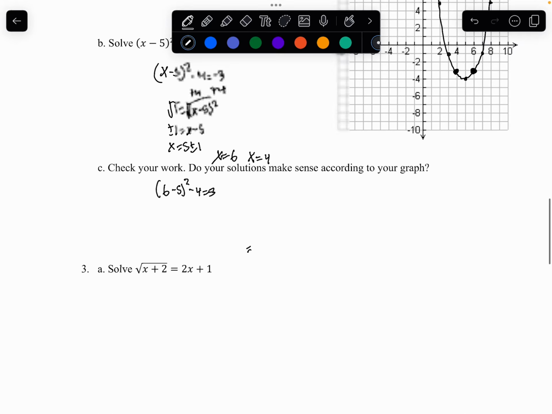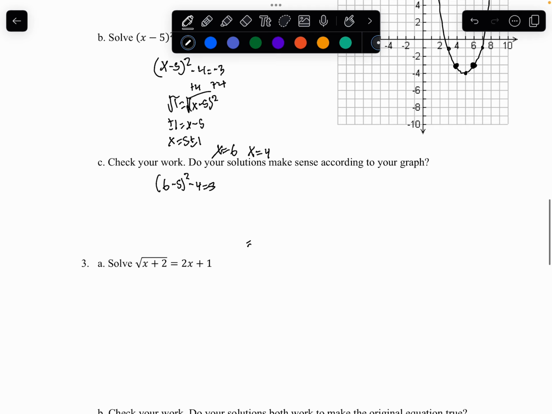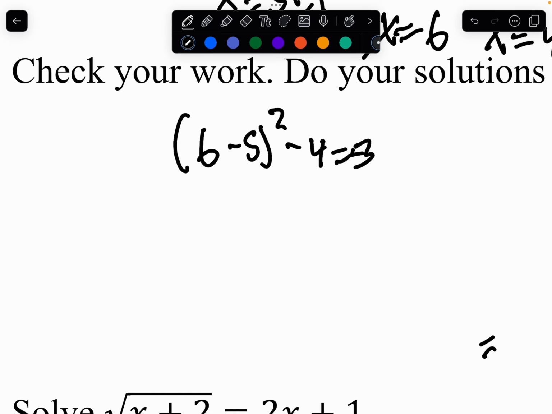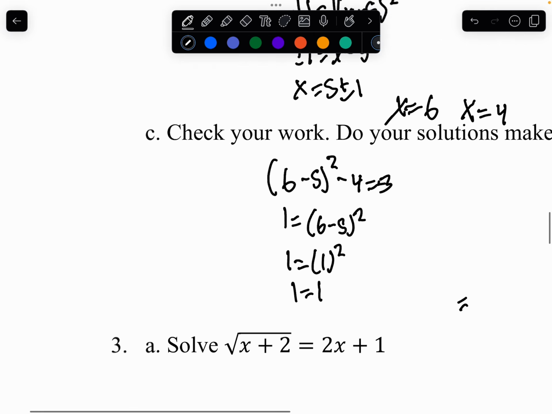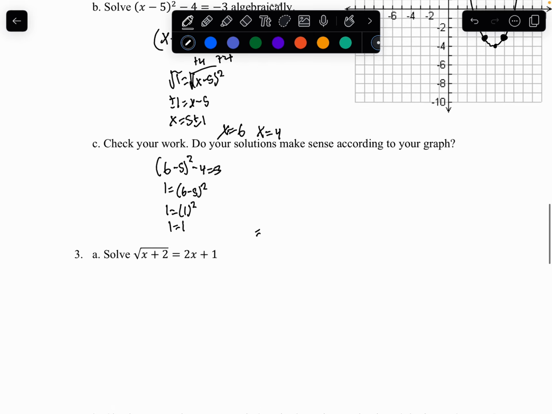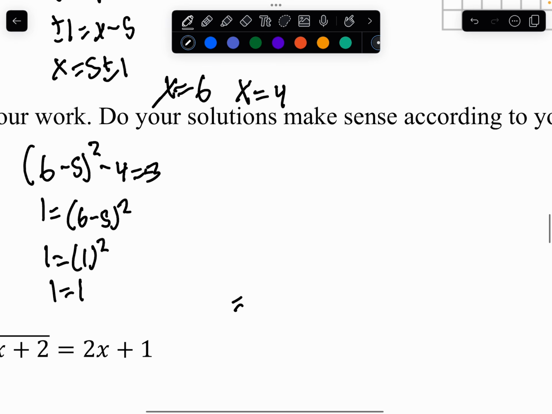Yeah, negative 3. So first we'll add 4 to both sides. So it's going to be 1 equals (6 minus 5) squared. 6 minus 5 is 1, so it's 1 equals 1 squared. 1 squared is 1, so 1 equals 1. We know 6 is one of our answers because 1 equals 1.